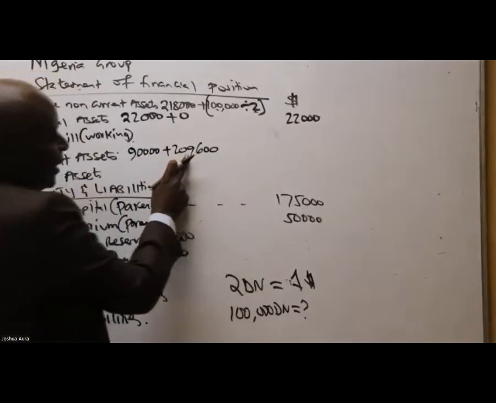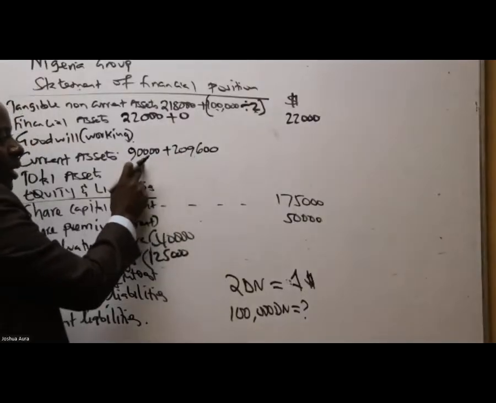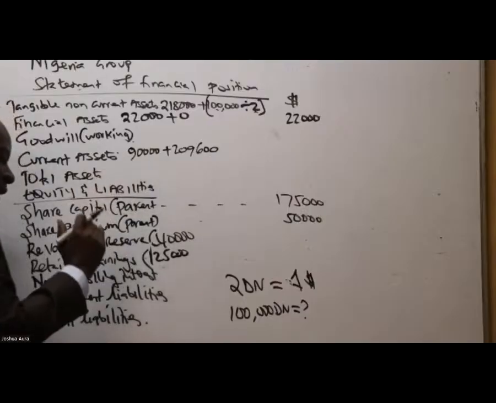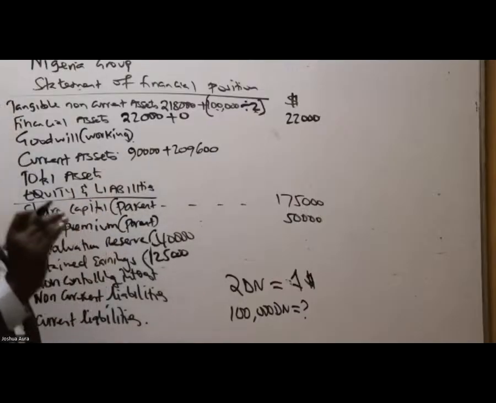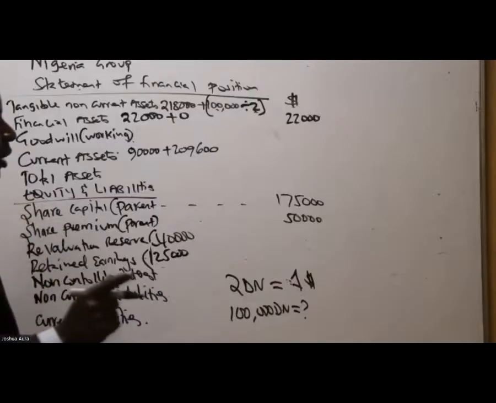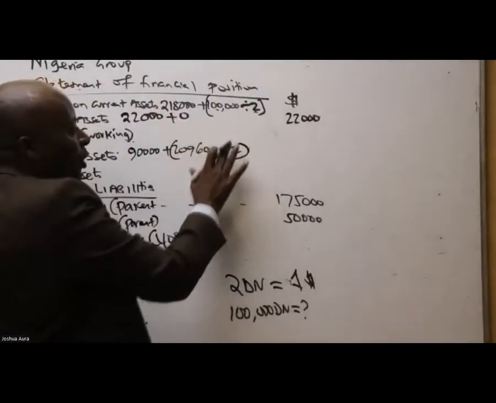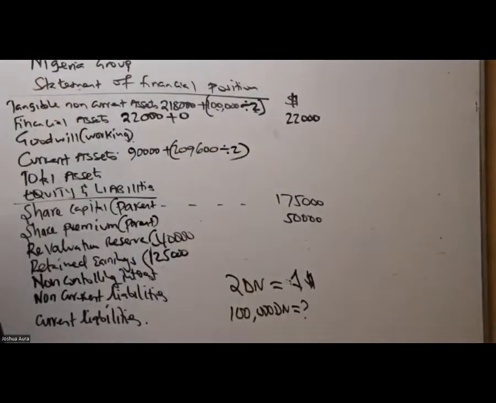But remember, these are DNs. We still need to retranslate them to the dollar. Remember, we said when we started that all assets and liabilities will be retranslated at the closing rate. So divide this again. When you start to divide, be consistent and divide all the way down.